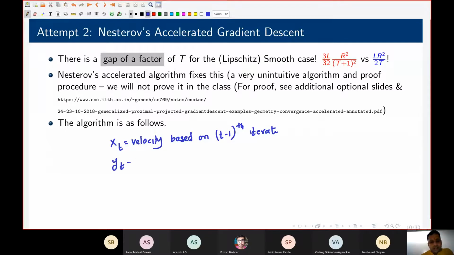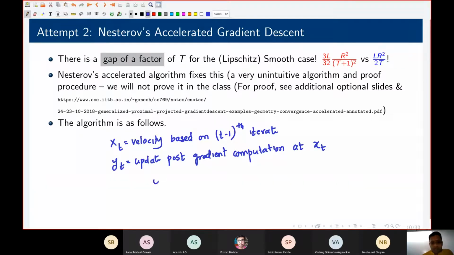Before I write down the update, yt will basically correspond to the update post gradient computation at xt. So at xt you do the gradient computation.